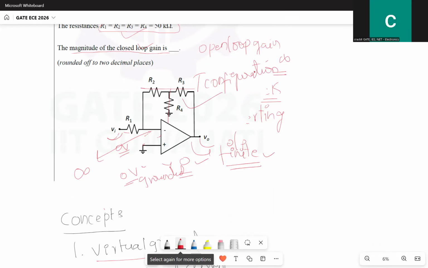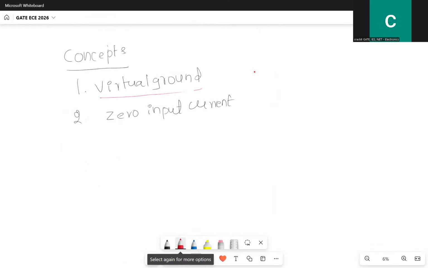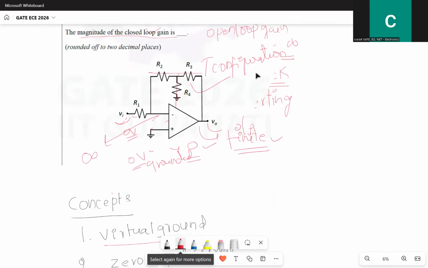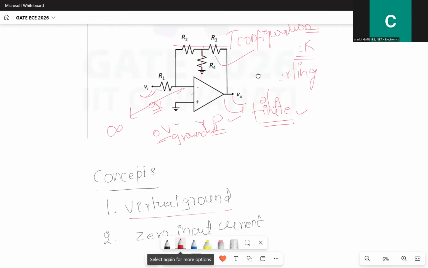So with this knowledge, let us solve this question. Now, I will assume this as 0 volt as said, this as Vx, and this is V naught.